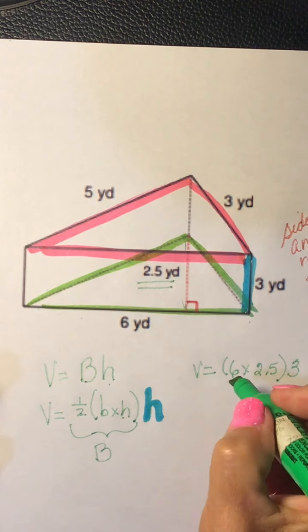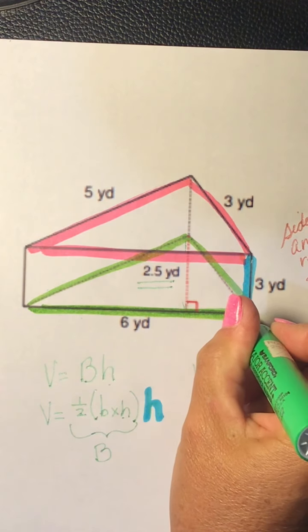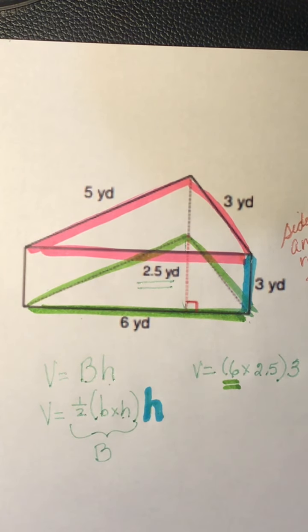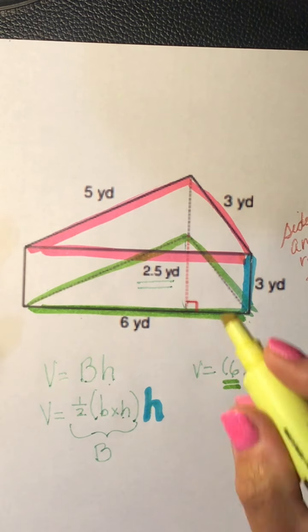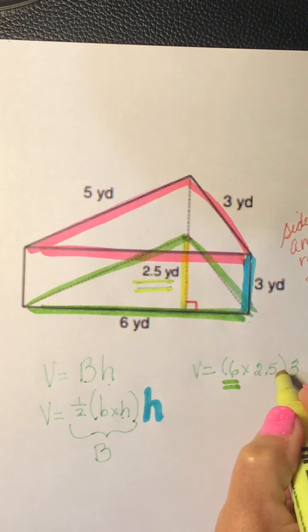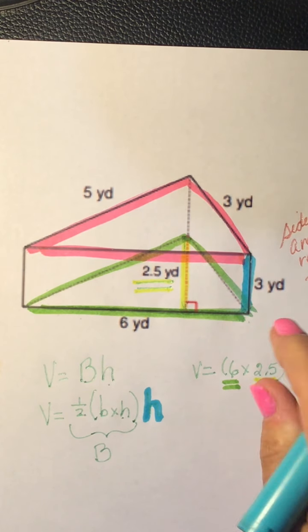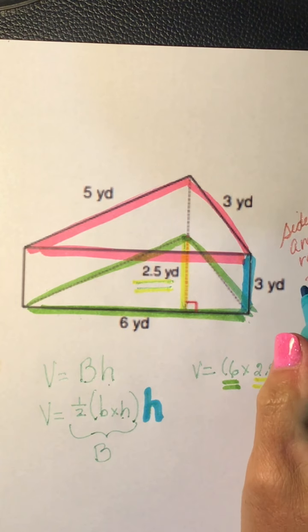So the base is 6. The height of the triangle is 2.5. And the height to the triangle, not the height of the triangle, but the height to the triangle is 3.